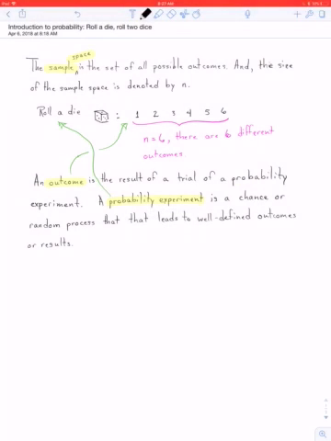Oh, my battery is running out. We have enough time. So what now? The next piece for probability is to actually define it. We say that the probability of x, this is an outcome, equals the number of desired outcomes divided by the total possible outcomes.